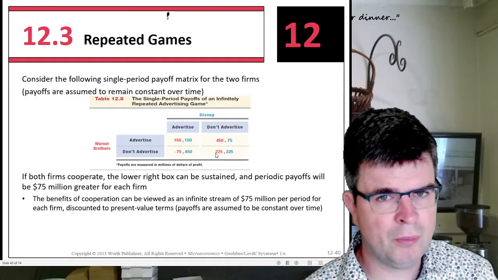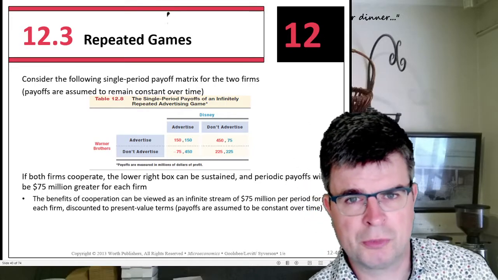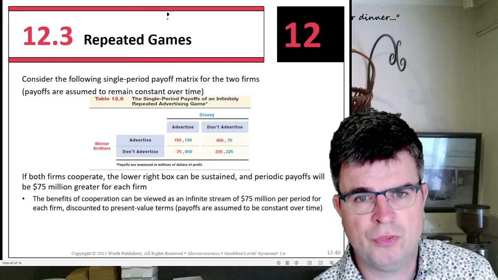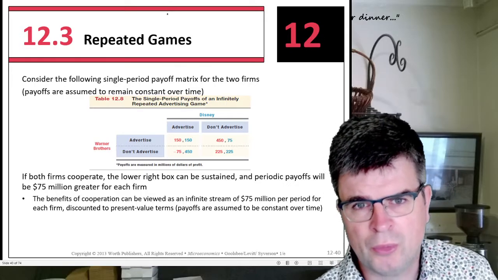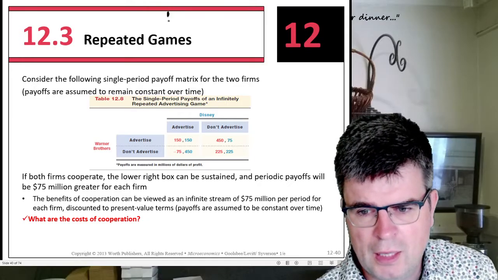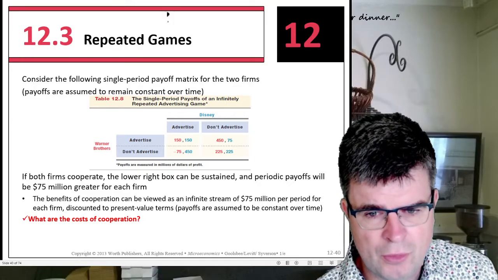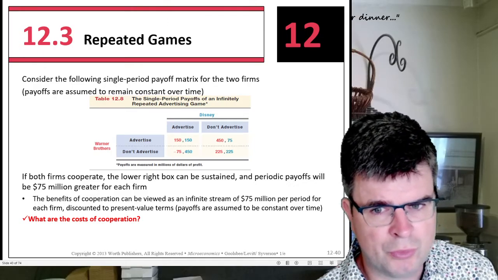Because we now consider an optimization problem across periods, we need to discount future periods, because $1 today is worth more than $1 in the future. So those are the benefits of cooperation. You can also ask, what are the costs of cooperation?